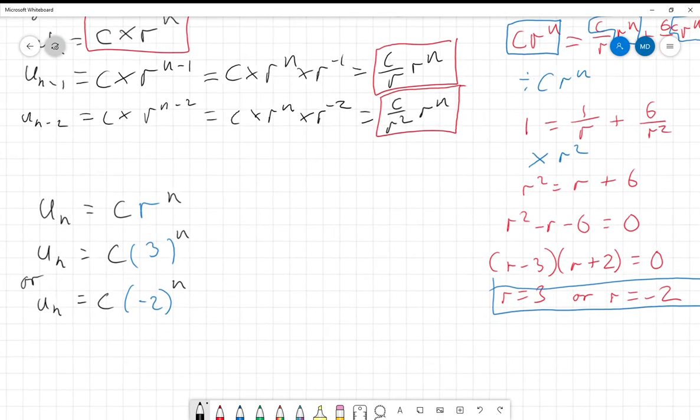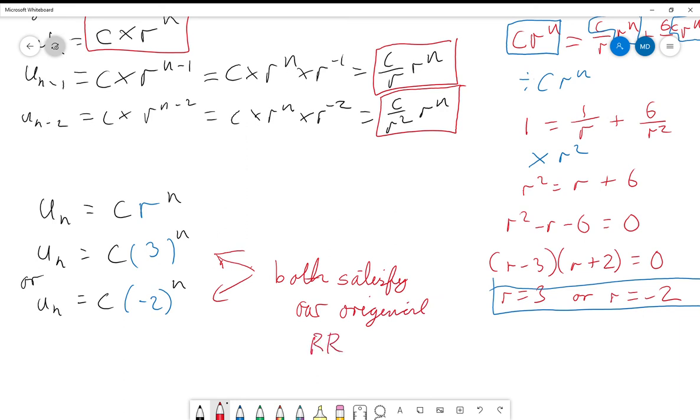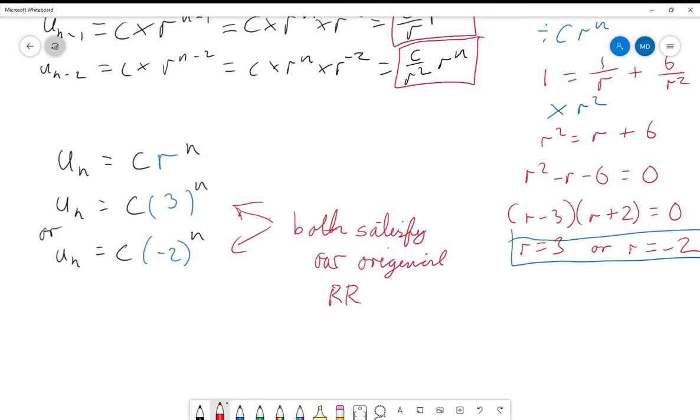But how do we know which one it is? Well, the whole point is that both satisfy our original recurrence relation, which means, because recurrence relations are actually linear, everything's just being added together, this will also satisfy our recurrence relation.